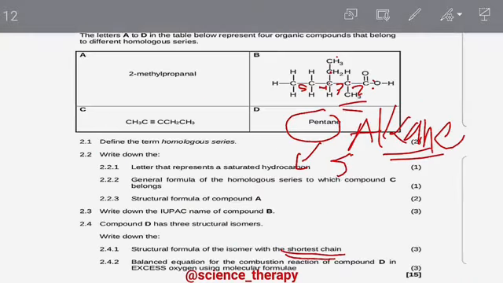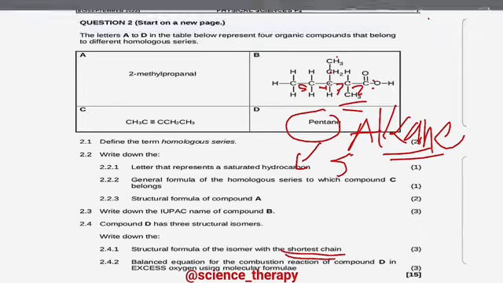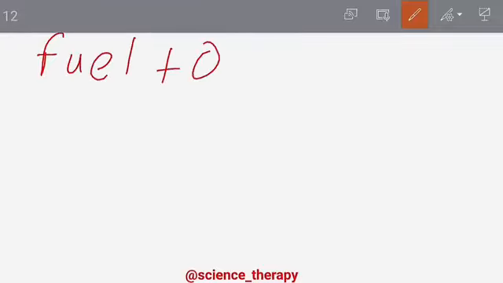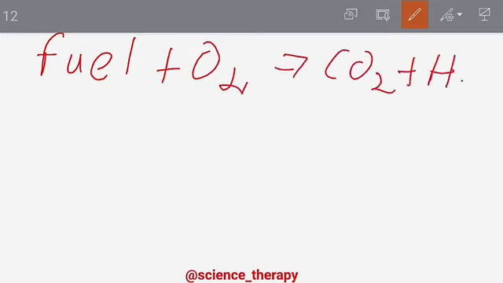Now 2.4.2 says write down the balanced equation for the combustion reaction of compound D in excess oxygen using molecular formulae. Now you will remember that the general formula for combustion is you will add a fuel plus excess oxygen gas to always give you CO2 and water, right?